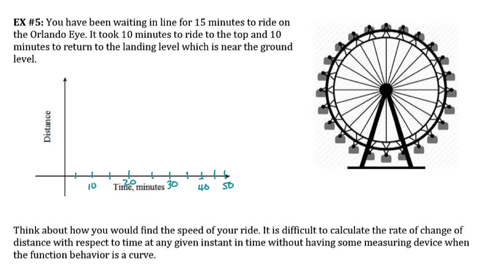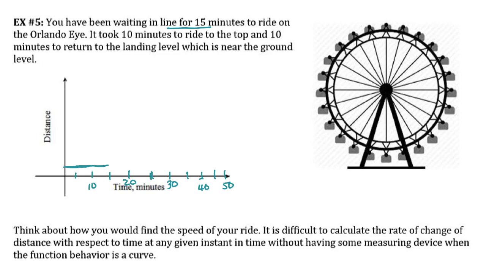Okay, so starting out, notice you've been waiting in line for 15 minutes. So the distance that you've moved there has been kind of constant for the first 15. So we're going to have just a nice little constant there, waiting in line. And then we get on and notice that it is going to be 10 minutes from here. It's going to be 10 minutes up.